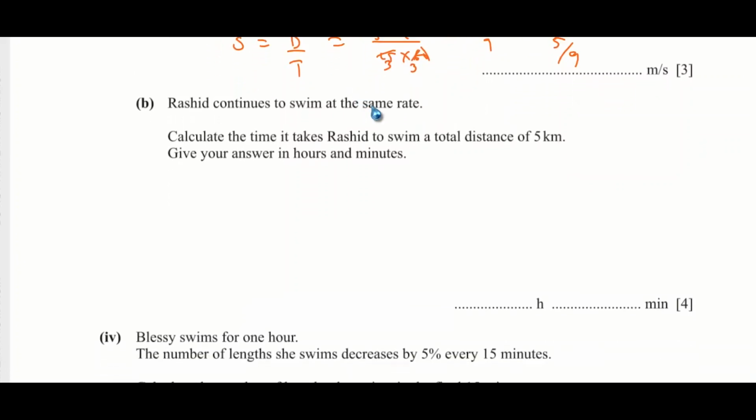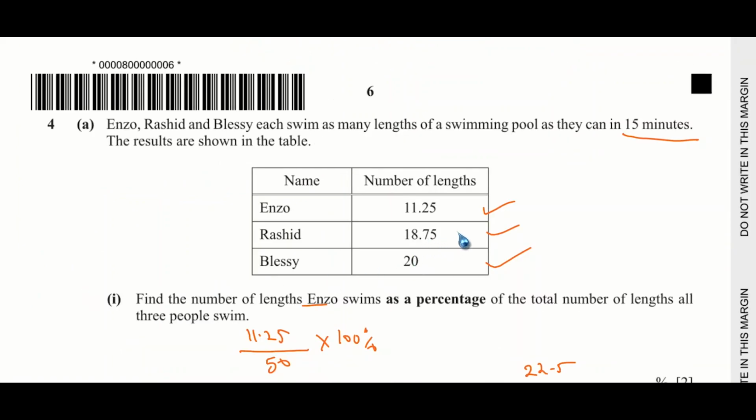If he continues to swim at the same rate, that means he covers equal distance in equal intervals of time. So for every 15 minutes, he covers equal distance, and this distance is 18.75. For every 15 minutes he covers this distance.